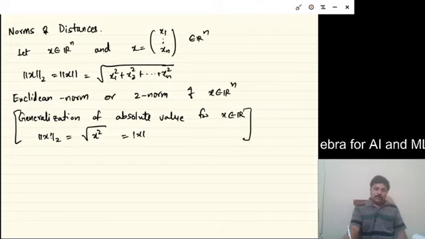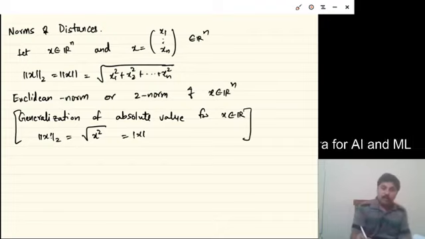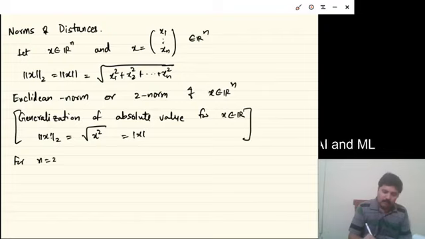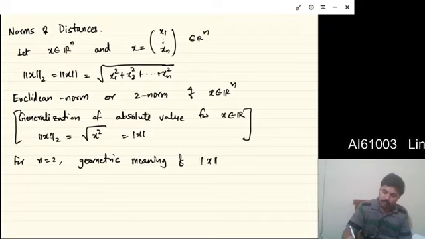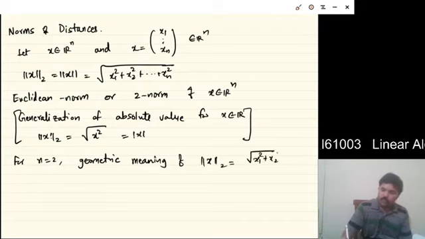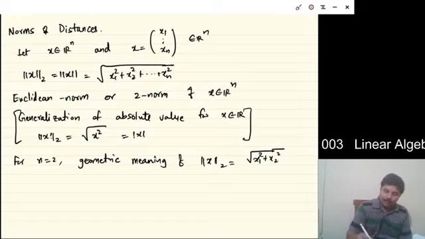With this understanding, what is the geometric meaning for n equal to 2? The norm is nothing but x1 square plus x2 square under a root.